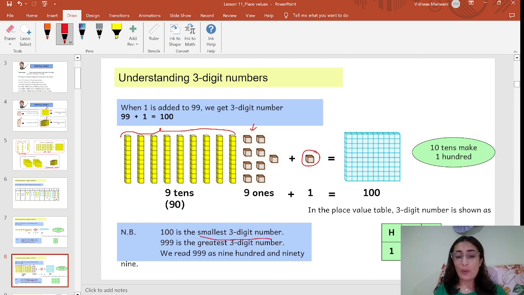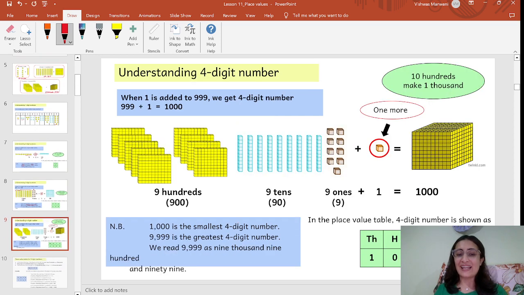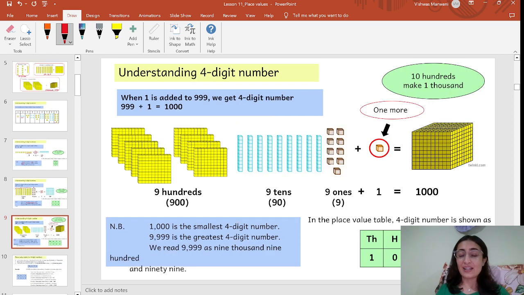Now, let's see how we can represent the greatest 3-digit number using these blocks. What is the greatest 3-digit number? The greatest 3-digit number is 999. Correct. To represent it, we will need the hundreds also, because it is 900. So first we took 9 single sheets of squares, which represent 900.